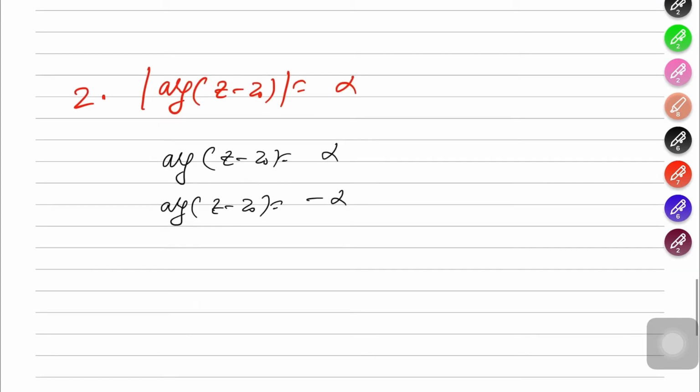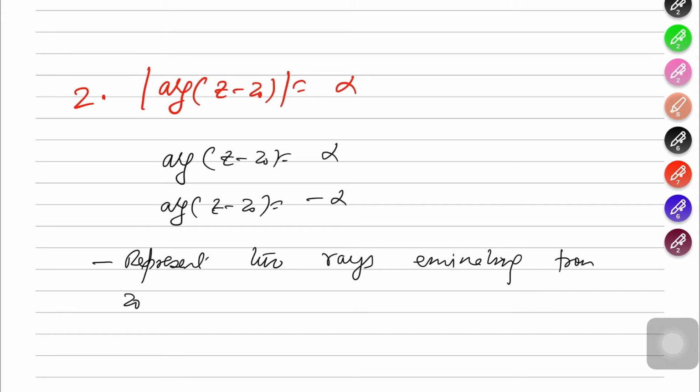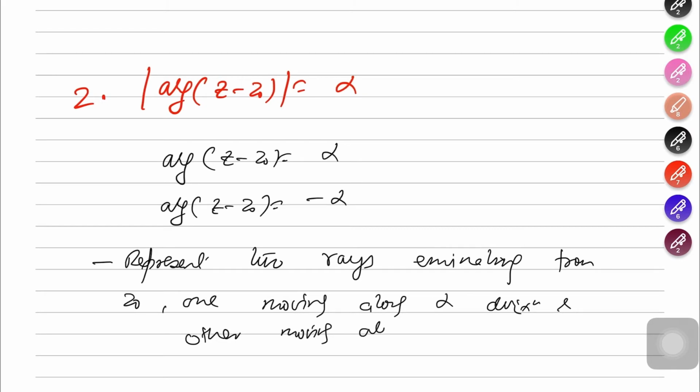Basically they represent two rays emanating from z naught, one going along the alpha direction and the other moving along the minus alpha direction. Plus alpha means anti-clockwise direction, minus alpha means clockwise direction with respect to the x axis.